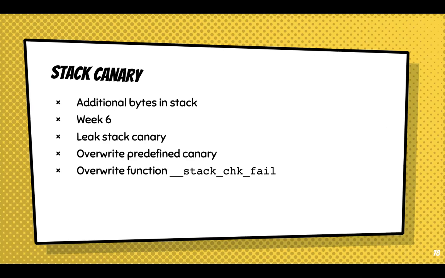Like you can make it a hex 90, which is a no-op. Redirect stack check fail to a place that has only no-ops and then return, so that even though stack check fail is called, it will not raise an exception. It will just keep executing.